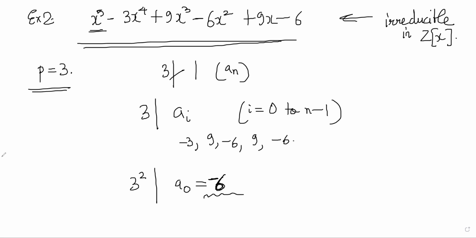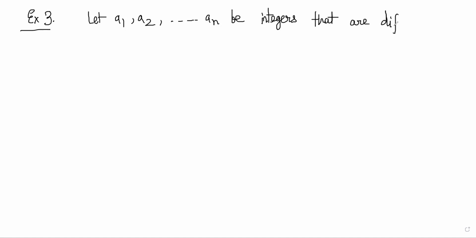Let's look at slightly more involved questions now. This is example 3. Let a1, a2, till an be integers that are different from each other.